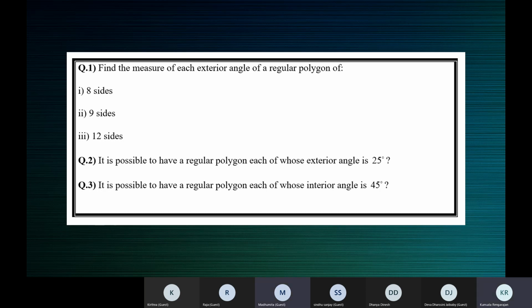Ma'am, when you said which we shouldn't use, which we use now, I thought you were mentioning the 360 by n method. Okay, no. I was asking what we just discussed is also a method to work. That's not wrong. It's perfectly right. You can do that, but you're just spending so much time.